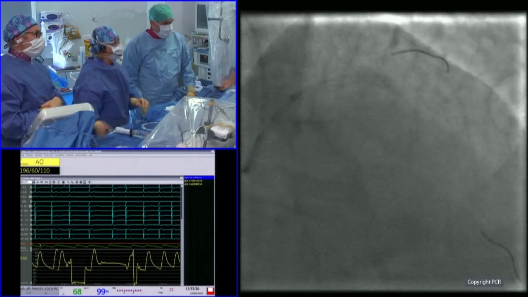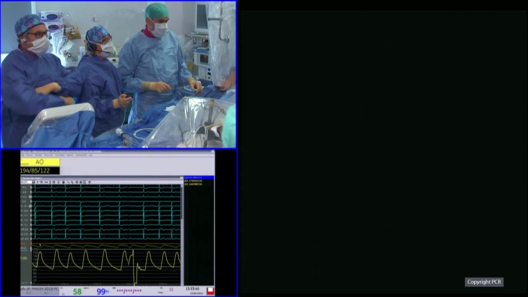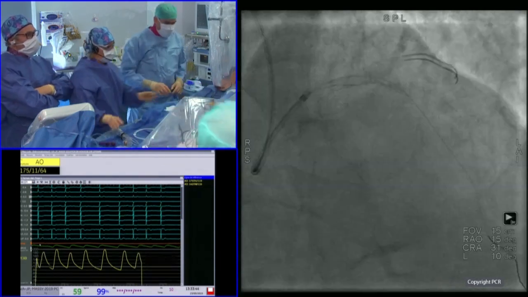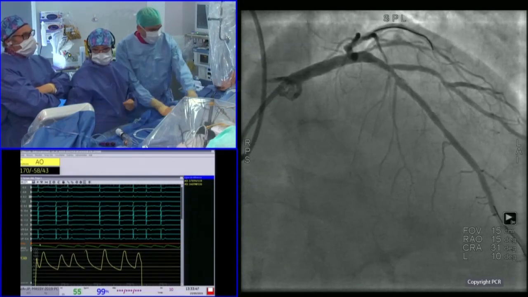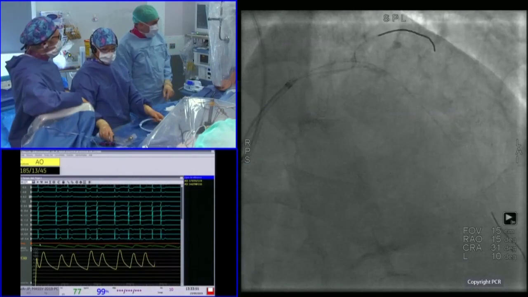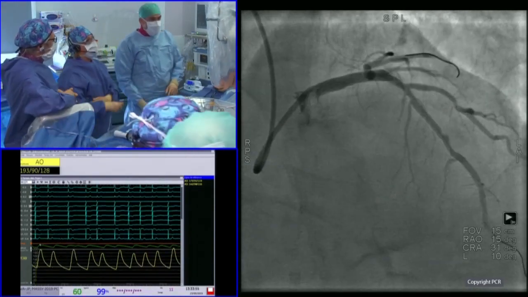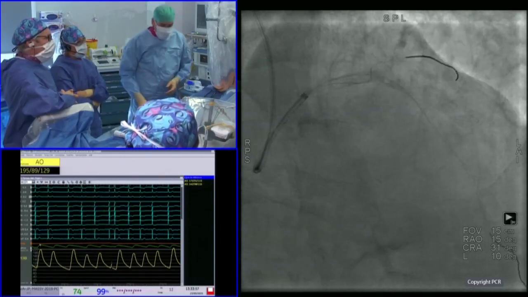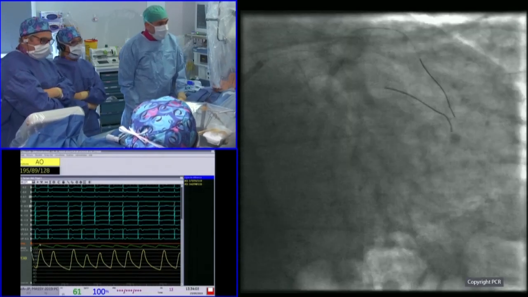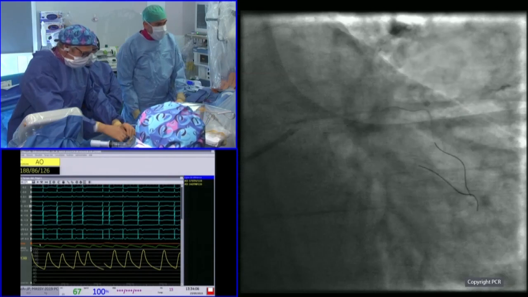So, would you feel confident to do direct stenting once you have seen the OFDI images, or would you rather prefer to predilate irrespective? Question from the audience. That's a very good question. So Thomas, maybe you can answer this question. With the OFDI, we could say, okay, direct stent implantation could be possible, but we don't perform OFDI for every patient.